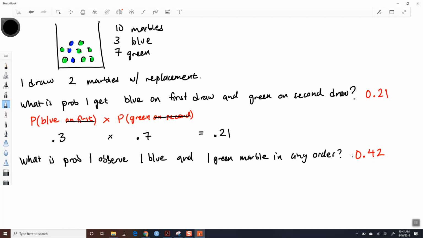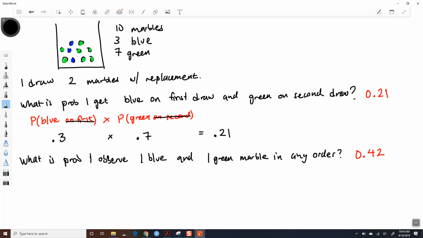Some of you, I imagine, wrote down 0.21 for the second question, and then you're wondering why it's doubled. The distinction here is that I said, what is the probability I observe 1 blue and 1 green marble in any order? And so there are 2 actual outcomes here. One is I get blue on the first and green on the second, which is a distinct outcome, different from getting green on the first and blue on the second.